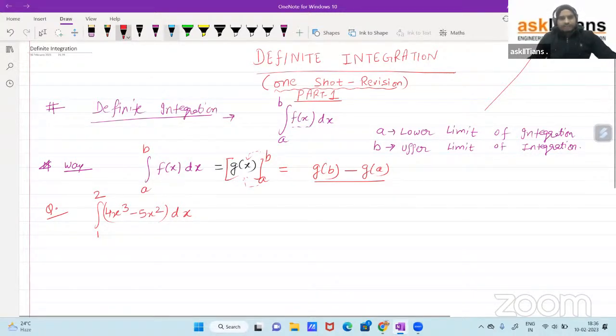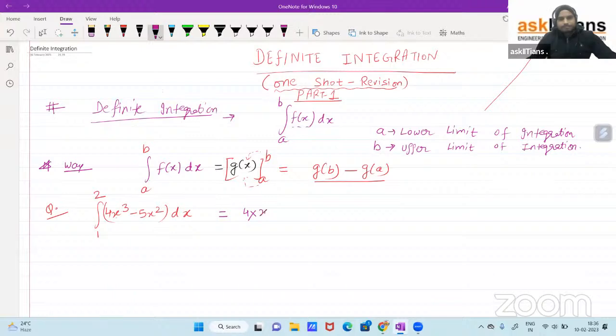So the indefinite integration of 4 as it is into x cube will be x power 4 by 4, correct? Minus, you have to calculate the integration of 5x square. So 5 is constant, it will be as it is, and into x square integration will be x cube divided by 3. There will be plus c also, right?